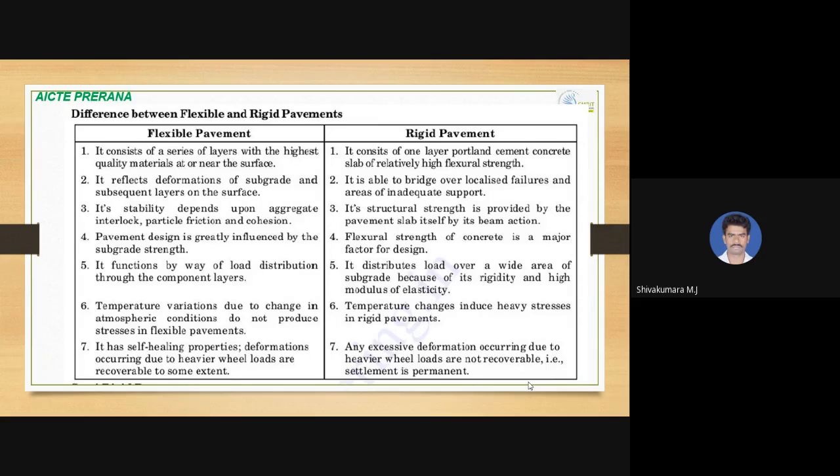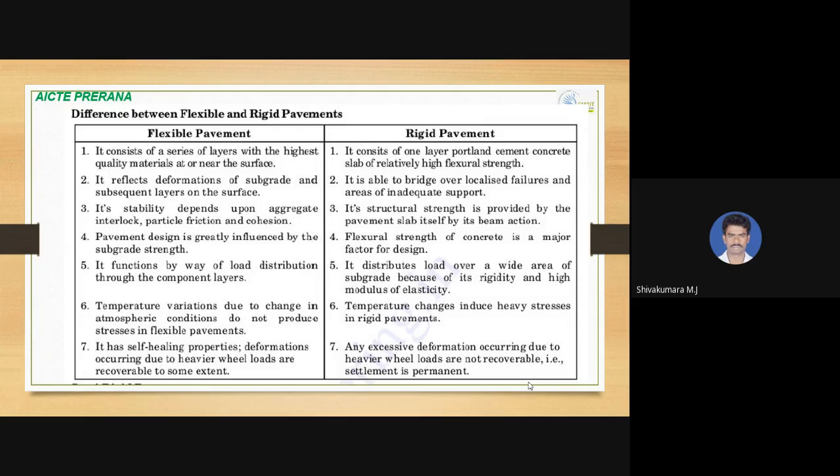In flexible pavement, the stability depends on aggregate interlocking effect, particle friction and cohesion, whereas the structural strength of rigid pavement is provided by the pavement slab itself by its beam action. Design of flexible pavement is greatly influenced by strength of the subgrade, whereas for rigid pavement the flexural strength of concrete is the major influencing factor.